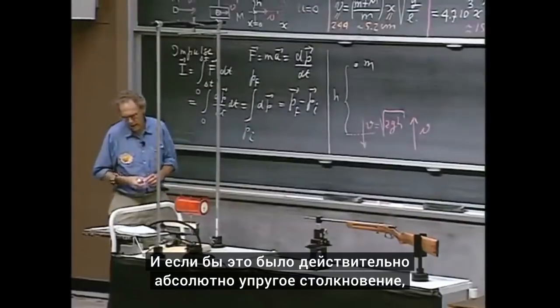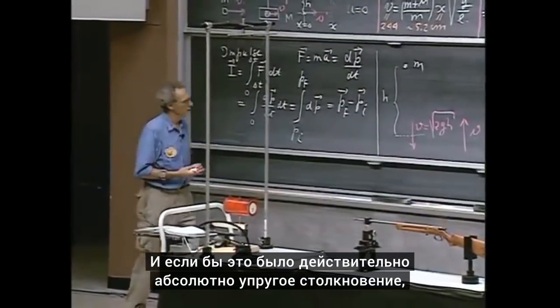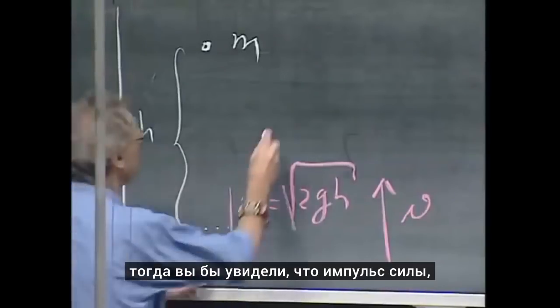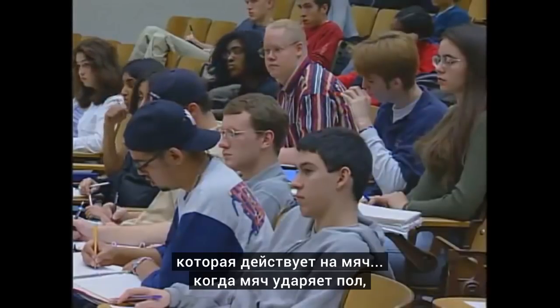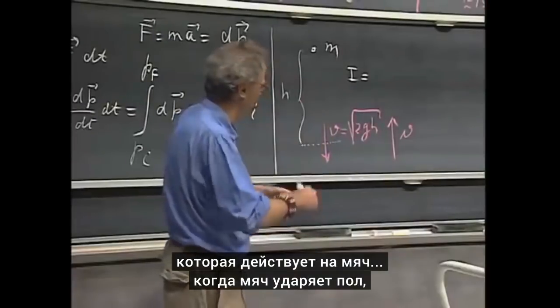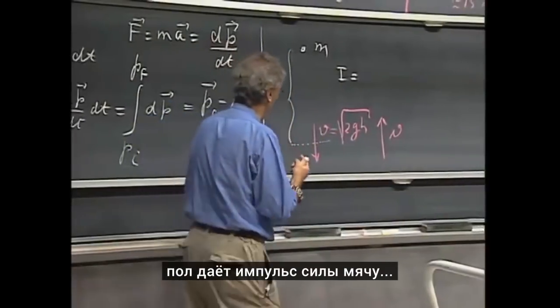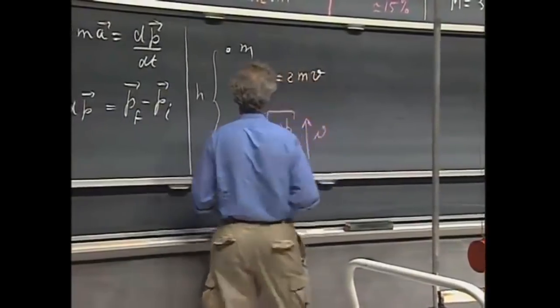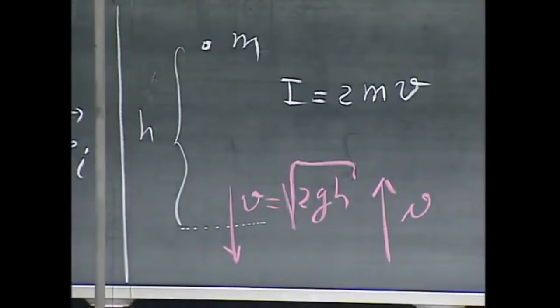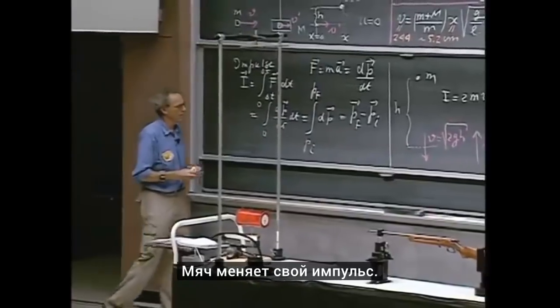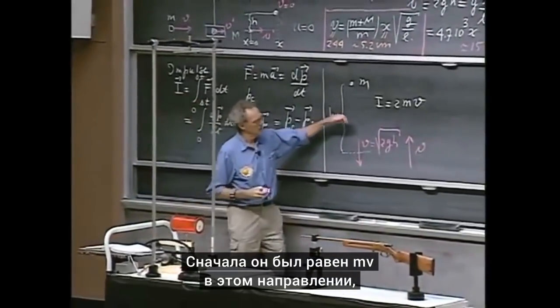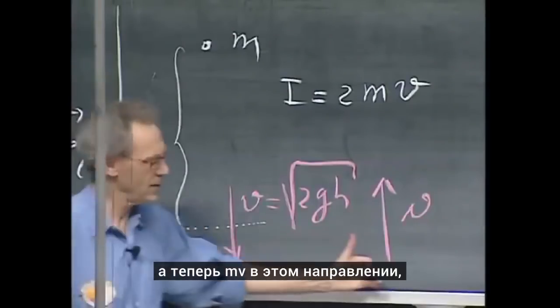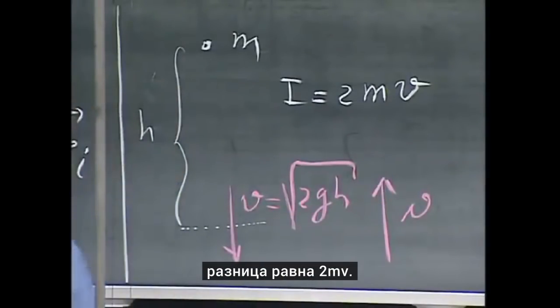And if that were indeed a completely elastic collision, then the impulse that the floor gives to the ball as the ball hits the floor equals 2mv. The ball changes its momentum. It was first mv in this direction, and now it's mv in this direction, so the change is 2mv.